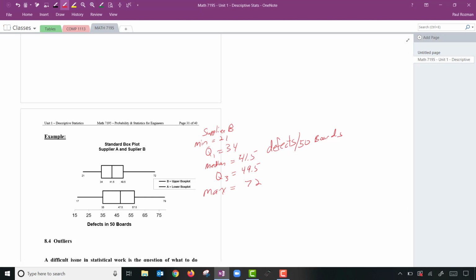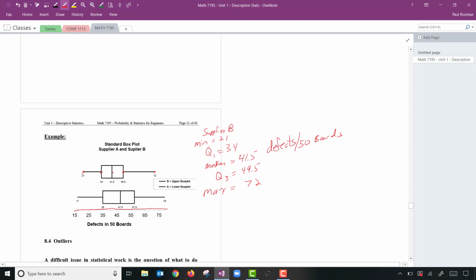I made a scale that went from 15 to 75, and then I just plotted the number 21, the number 34, the number 41.5, 49.5, and then 72 based on that scale.